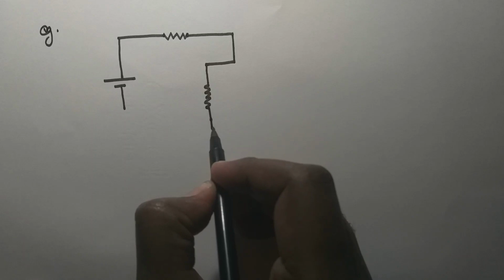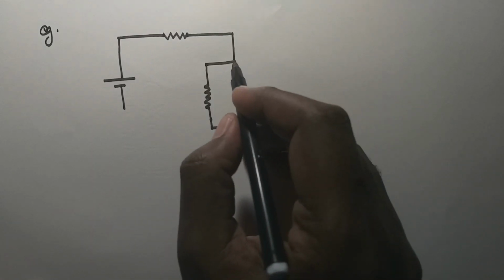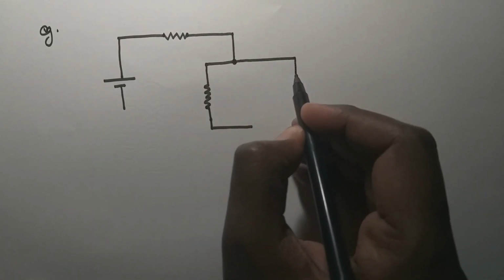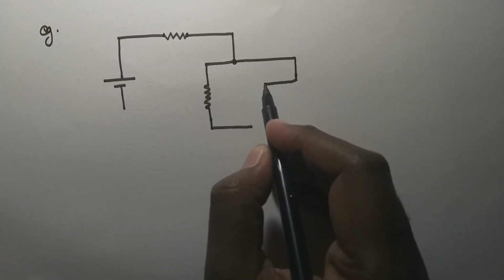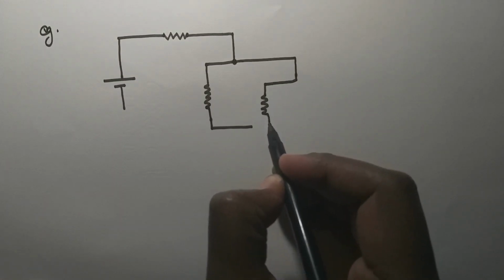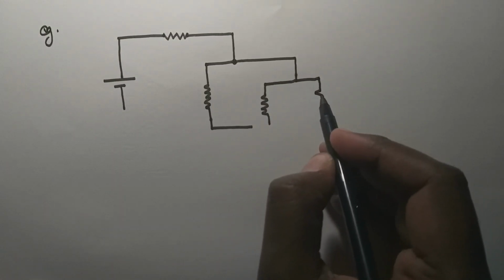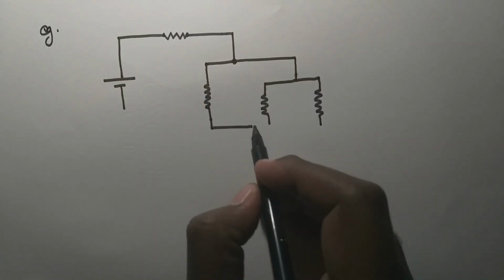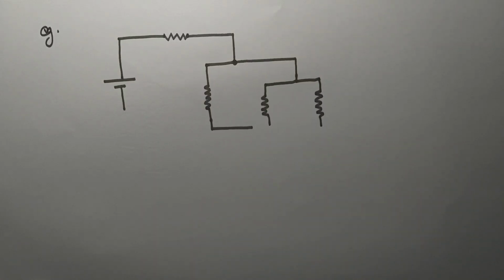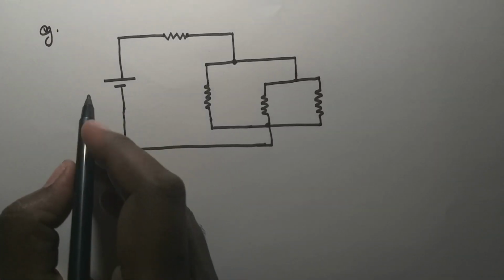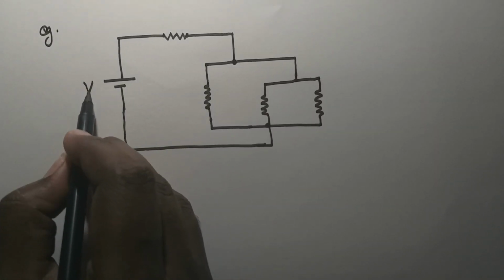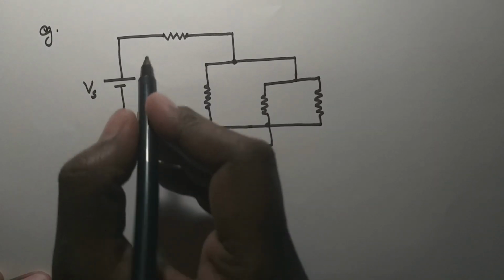So these are the resistances and these are the branches in which currents are flowing. So this is the complete circuit and the voltage of this battery is Vs.